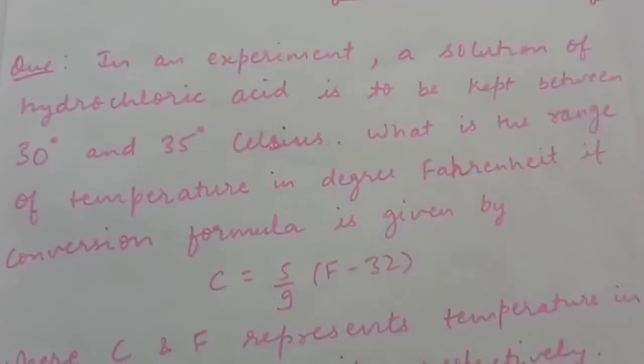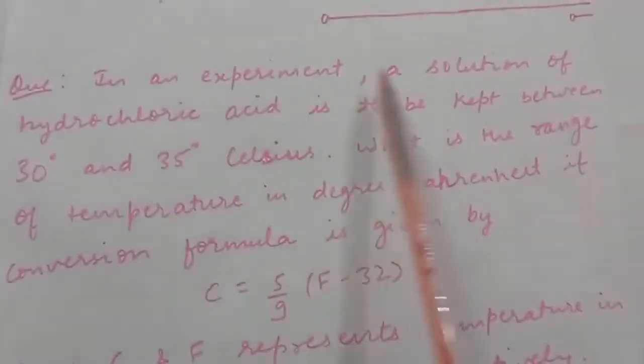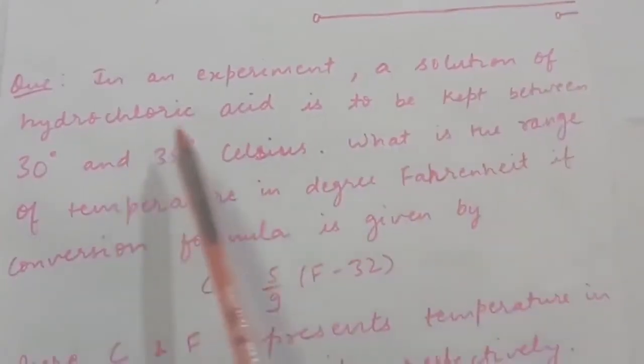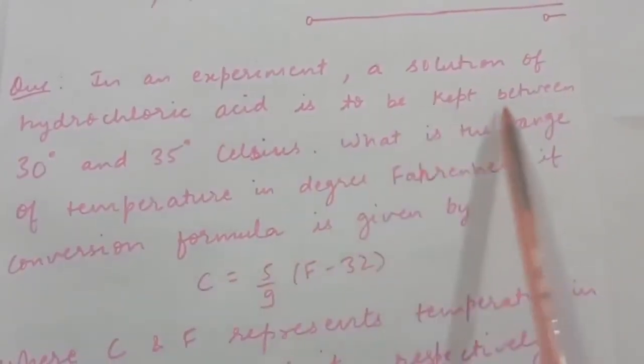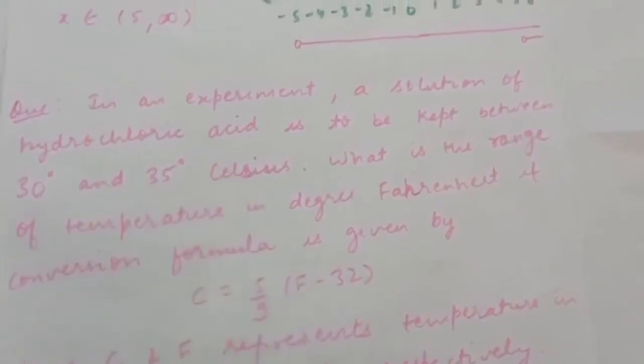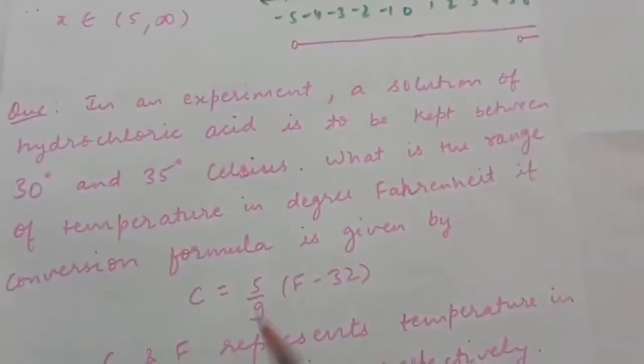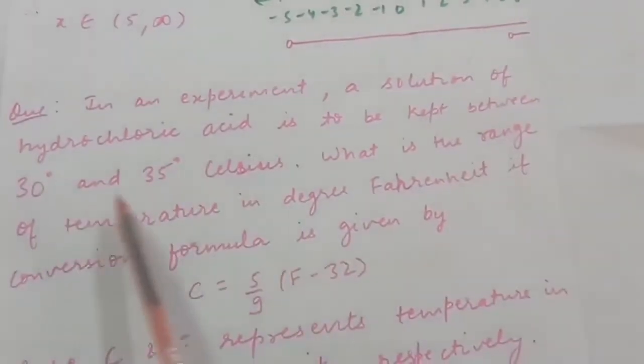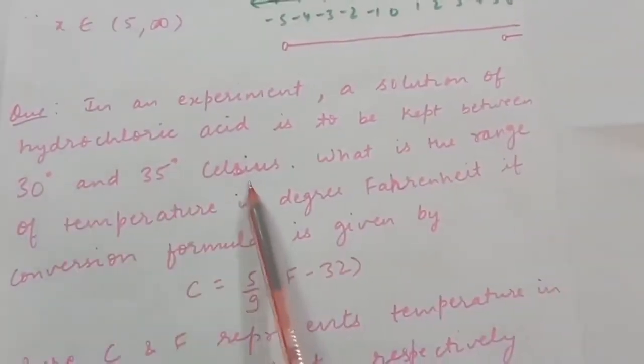Next question. In this, a word problem is given. Question is, in an experiment, a solution of hydrochloric acid is to be kept between 30 degrees and 35 degrees Celsius. So a solution is kept between this temperature, and temperature is given in Celsius.